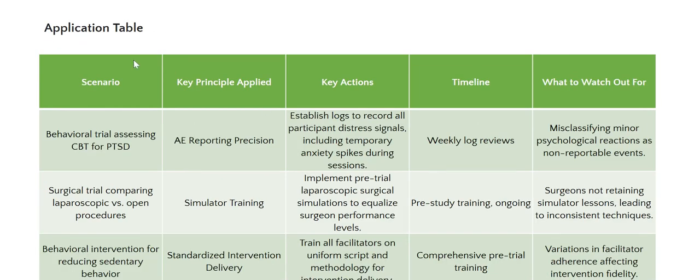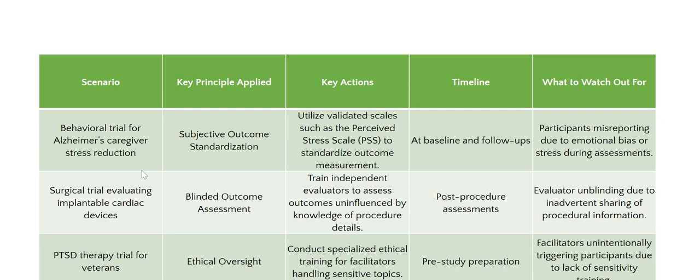The application table. Here we have scenarios. For each scenario: key principle applied, key actions, timeline, what to watch out for. Scenarios, we have behavioral trial assessing cognitive behavioral therapy, CBT for PTSD, post-traumatic stress disorder. Surgical trial comparing laparoscopic versus open procedures, behavioral interventions for reducing sedentary behavior. Neurosurgery trial evaluating robotic-assisted techniques.